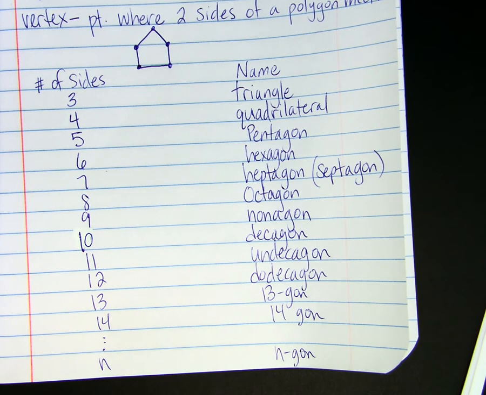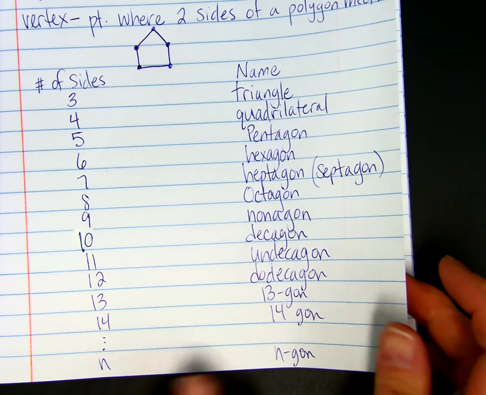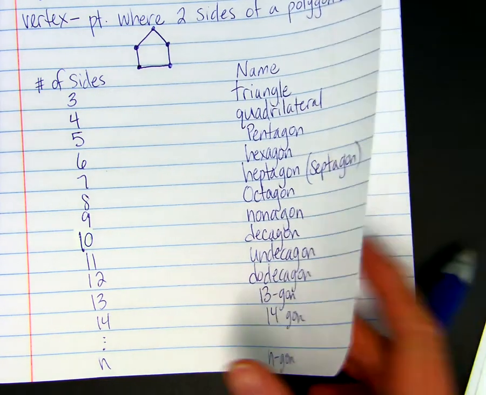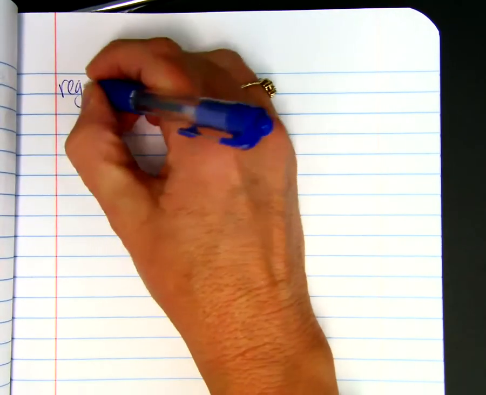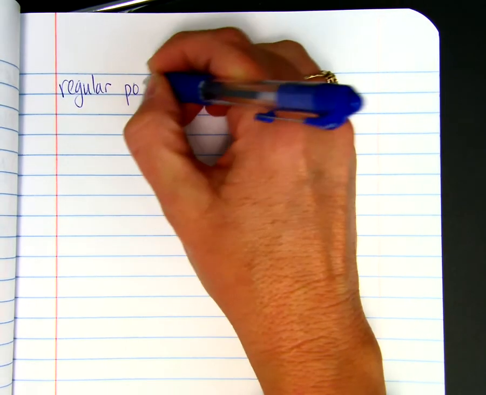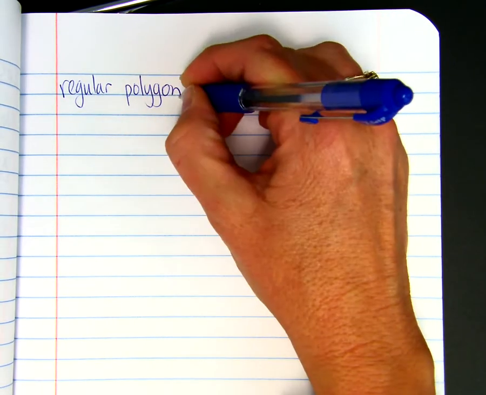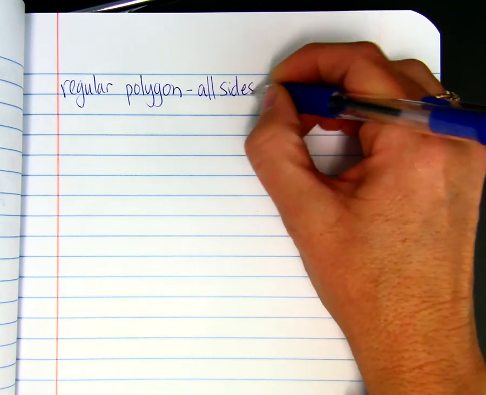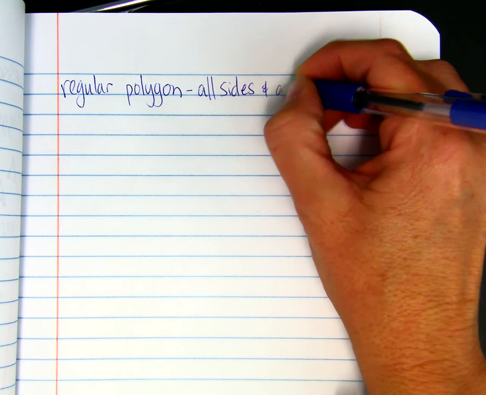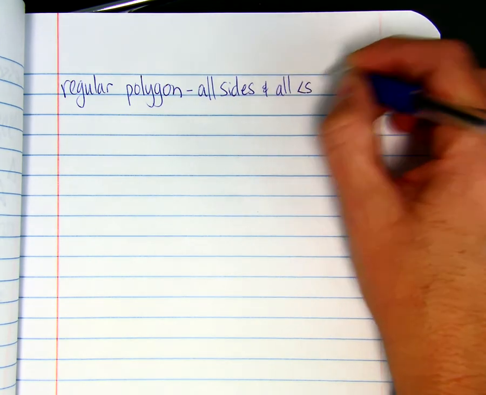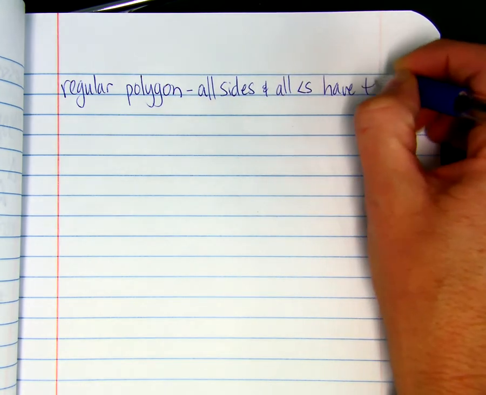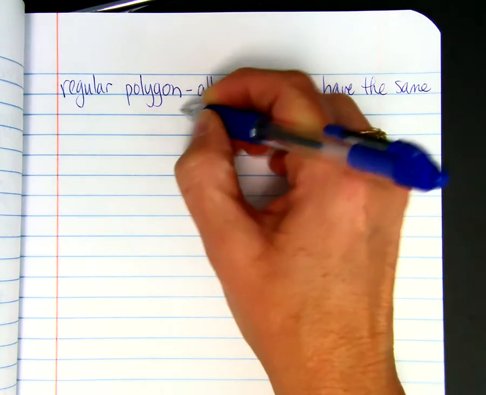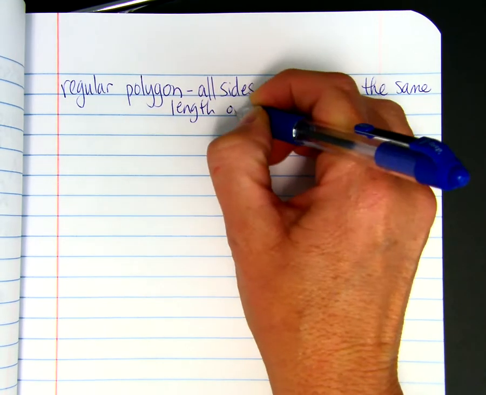So, a regular polygon has all sides and all angles with the same length or measure.